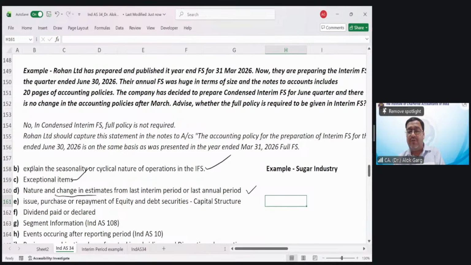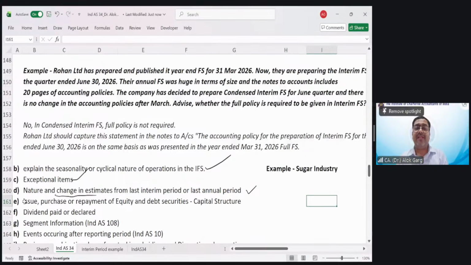In the current quarter, you have changed the useful life of the fixed asset because you have identified that the remaining life is not 10 years, it is only 7 years, right? So there is a change in estimate, so it is required to be disclosed.